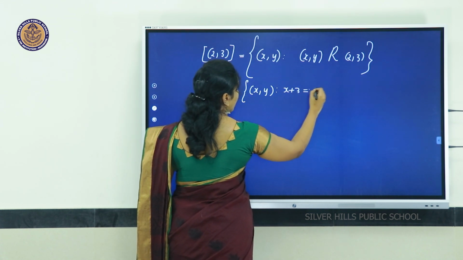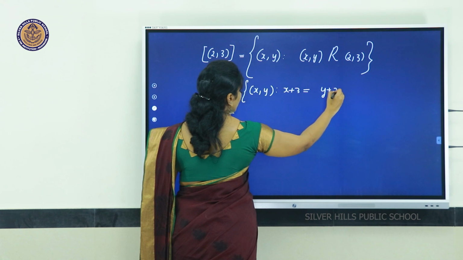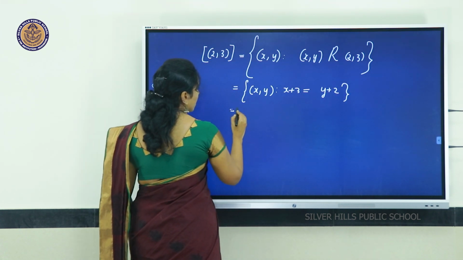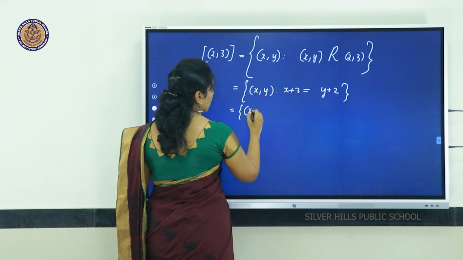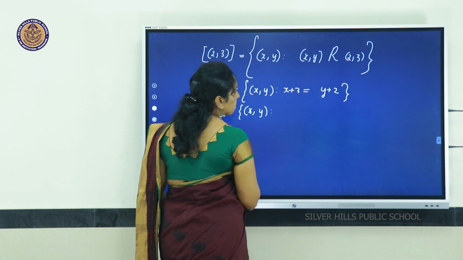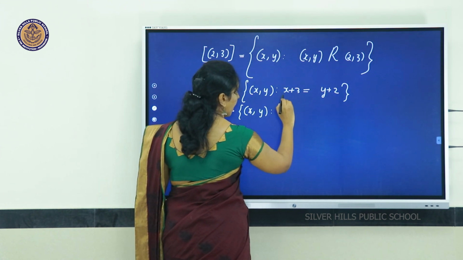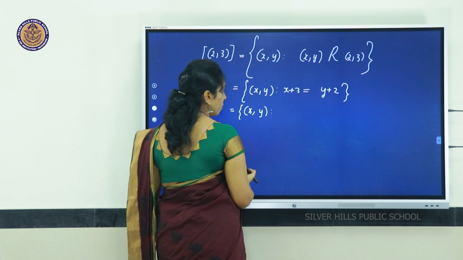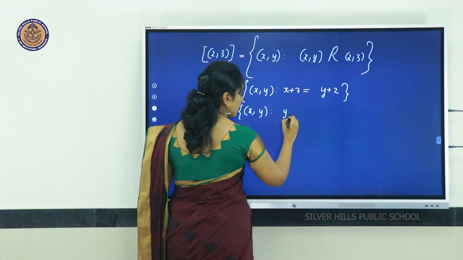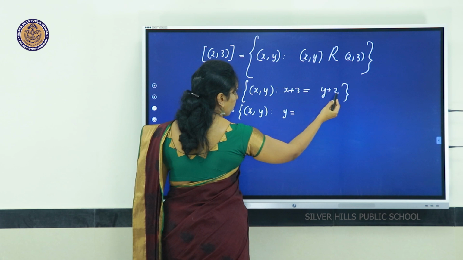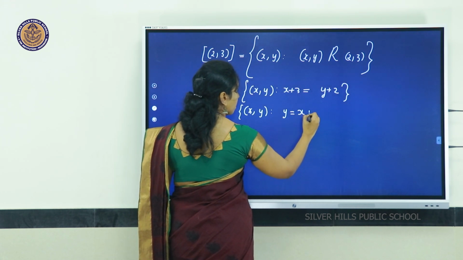So, X plus 3 will be equal to Y plus 2. Set of all ordered pairs XY such that what can we conclude here? X plus 3 is equal to Y plus 2. I can write Y is equal to, if I shift 2 to this side, X plus 1.